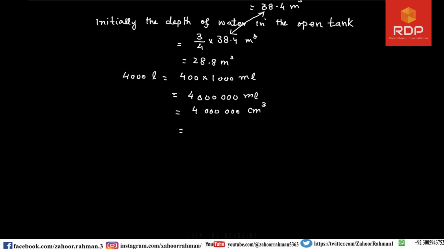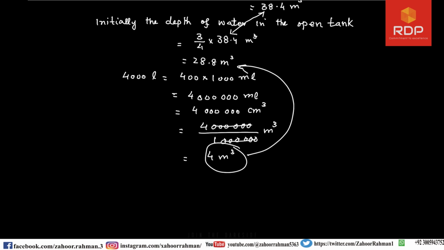So now we have to remove this centimeter cube and we will convert it to meter. So we have to divide it by 1 million. These zeros will be cancelled, and we will only be left with 4 meter cube. Now we have to add this 4 meter cube with this one.